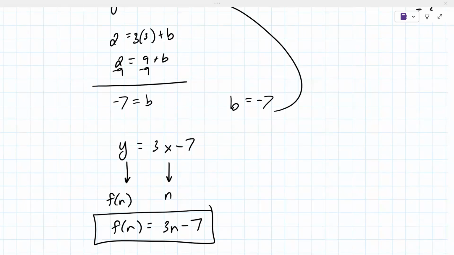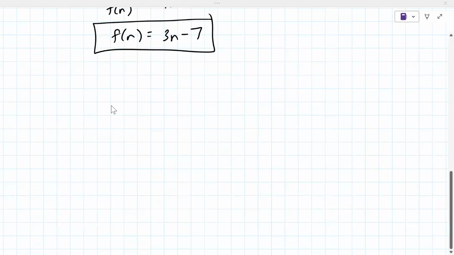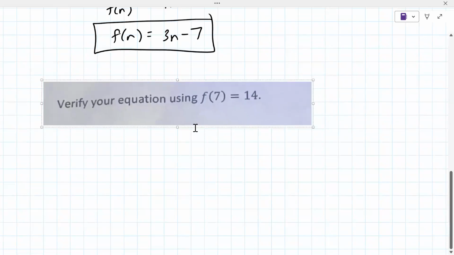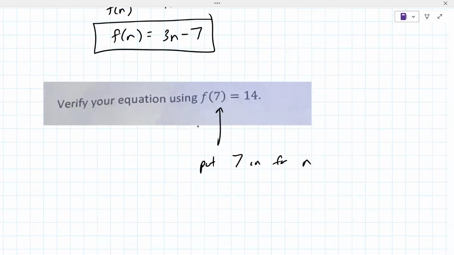So we're going to verify the equation. What that means is we're going to put 7 in for n. So 7 in for n. 3 times 7 minus 7. You have to put 7 in for n in this equation. All right.